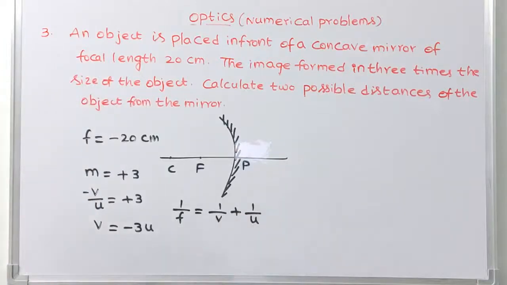Okay, 1 by f, that is 1 by minus 20, is equal to minus 1 by 3u plus 1 by u.